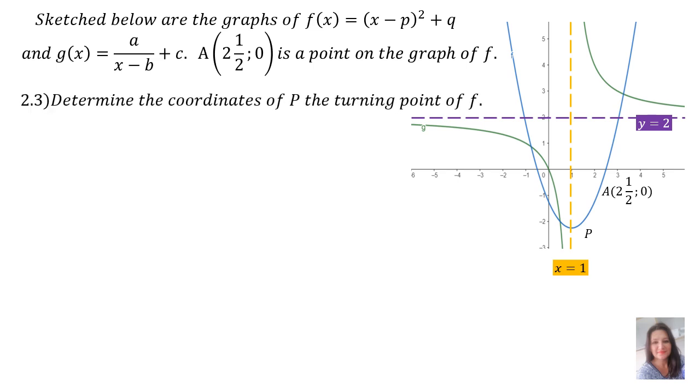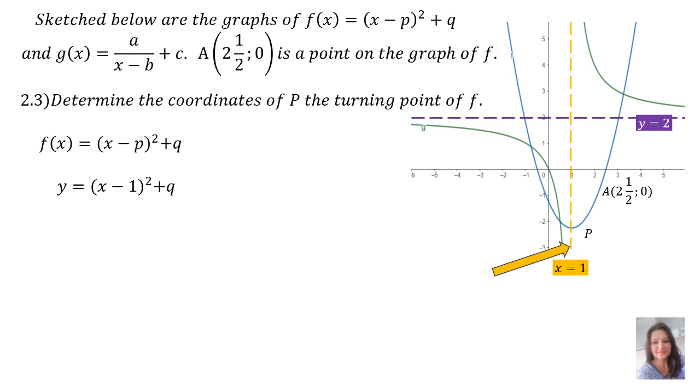The next question says, determine the coordinates of P, the turning point of f. And there's f's equation. Now, what we have is this line, x is equal to 1. And that is the vertical asymptote of the hyperbola. But it is also the x-coordinate of the turning point there at P. Therefore, we can say y is equal to (x minus 1) squared plus q.